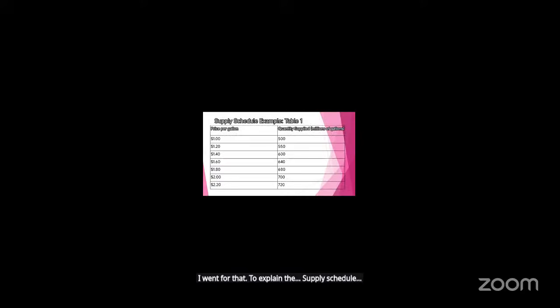Like I was saying, we started with the theory of supply last week, and we looked at the meaning of supply and went further to explain the supply schedule and the supply curve.